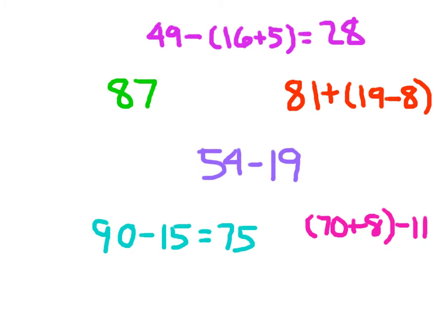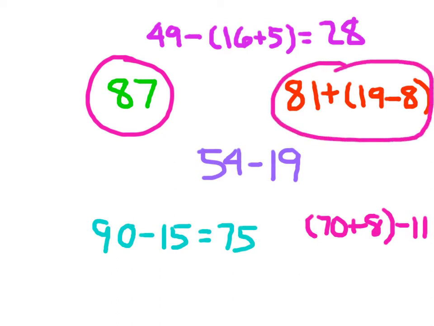Okay, I've written a whole bunch of expressions and also some equations on this screen. I'm going to point at them and you tell me whether it's an expression or an equation. 87, that is an expression. 81 plus 19 minus 8 is an expression. 49 minus 16 plus 5 equaling 28.